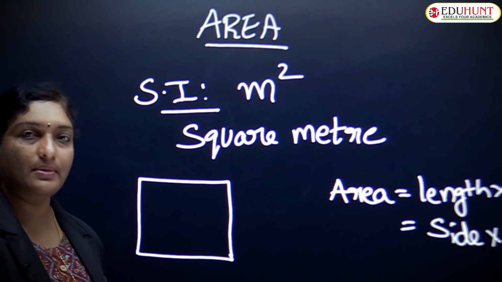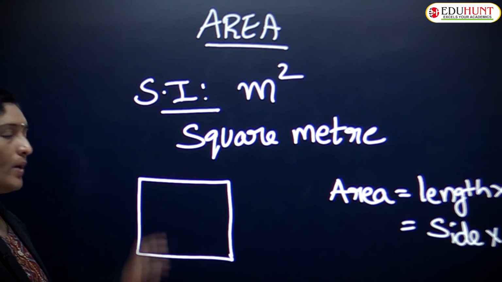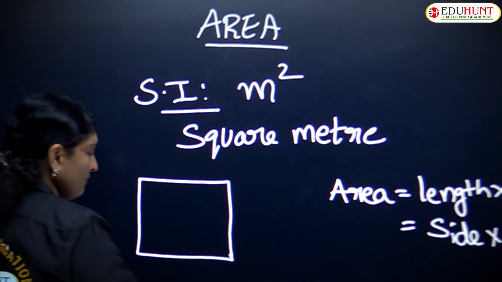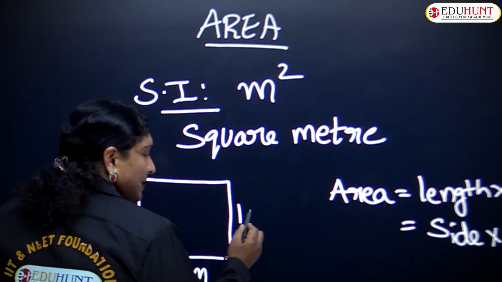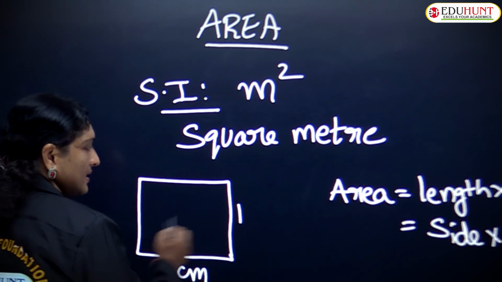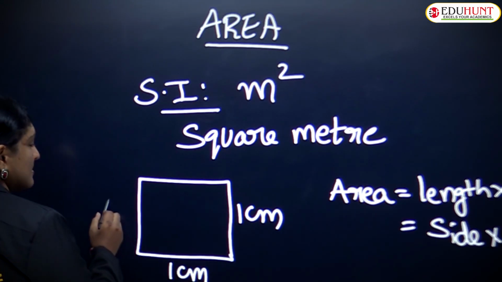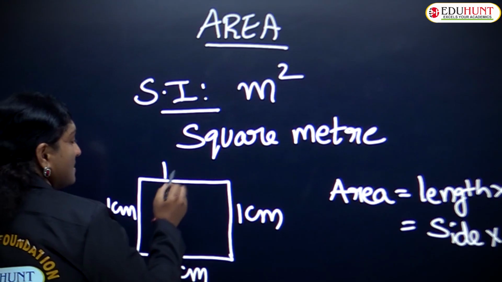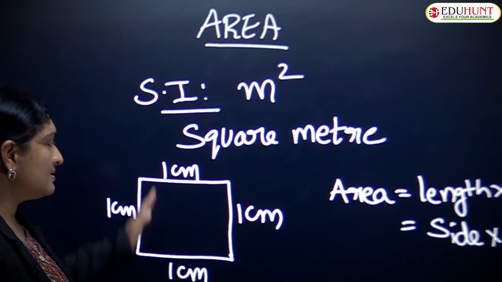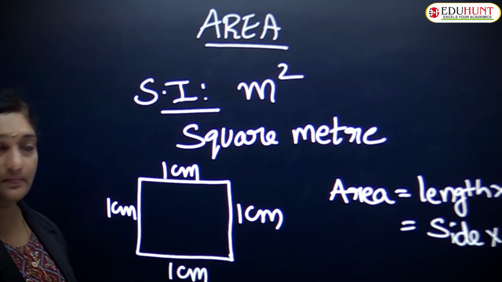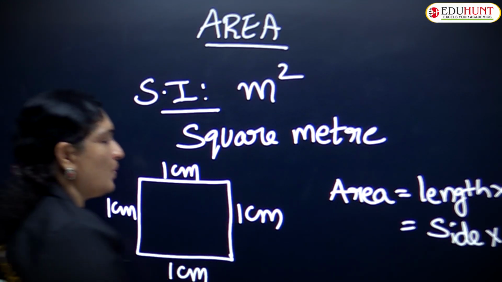So, area can be defined in its own version. Suppose you have considered a square surface having a side of 1 centimeter, and as I said it is a square, so all sides are equal. Here also it is 1 centimeter, here also 1 centimeter. In a square, all sides are equal. So, side into side, 1 centimeter into 1 centimeter.